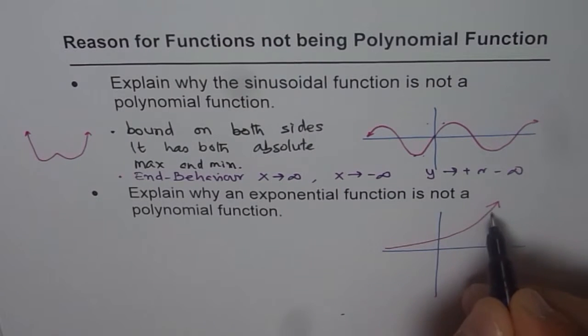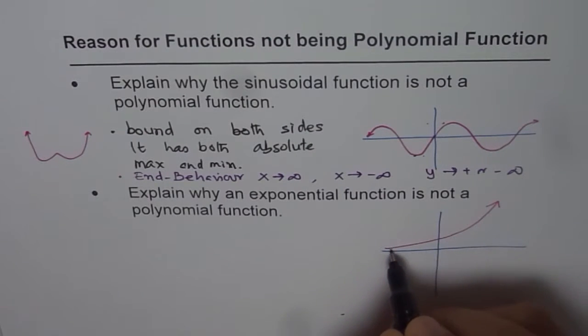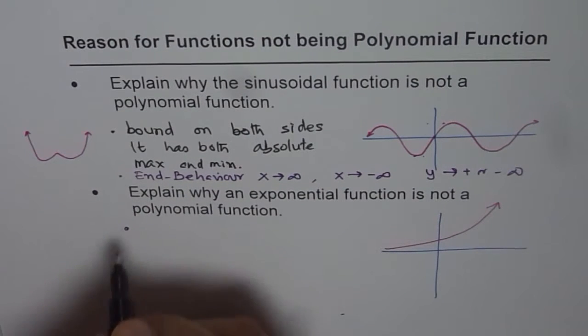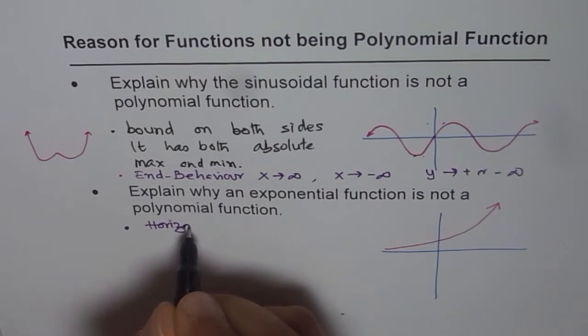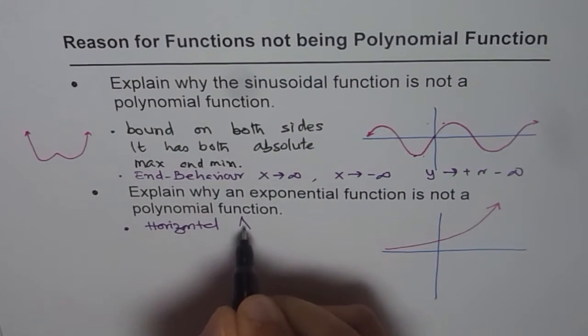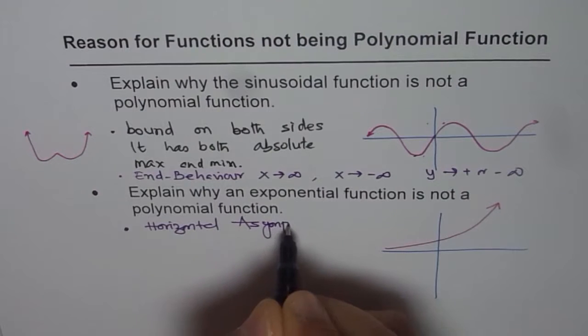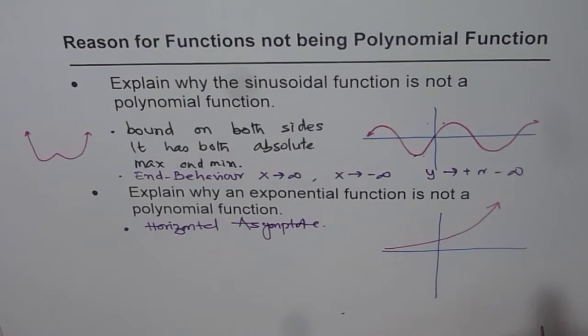So this part looks like a polynomial, but here is a problem. There are two problems here. One is that it has a horizontal asymptote.